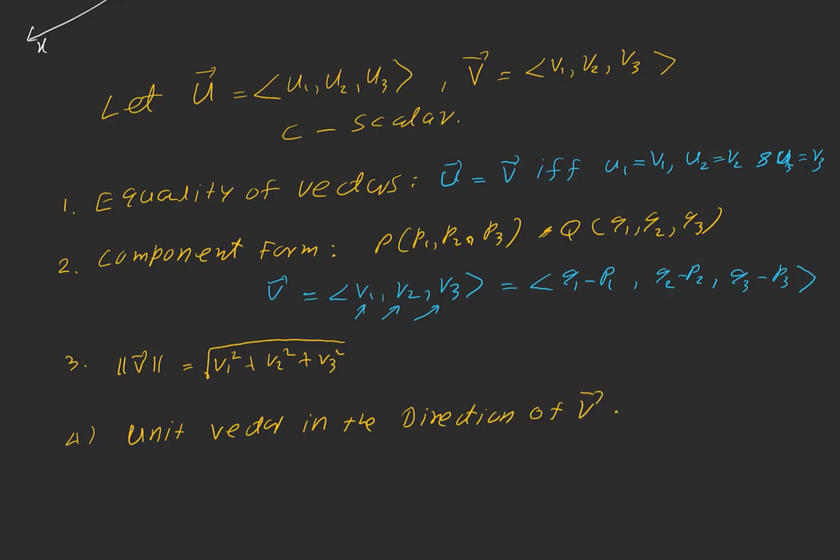How do we find it? That is, you know, the vector divided by its length, always. So in this 3D case, 1 over the length times (v1, v2, v3), but v must not be the zero vector.